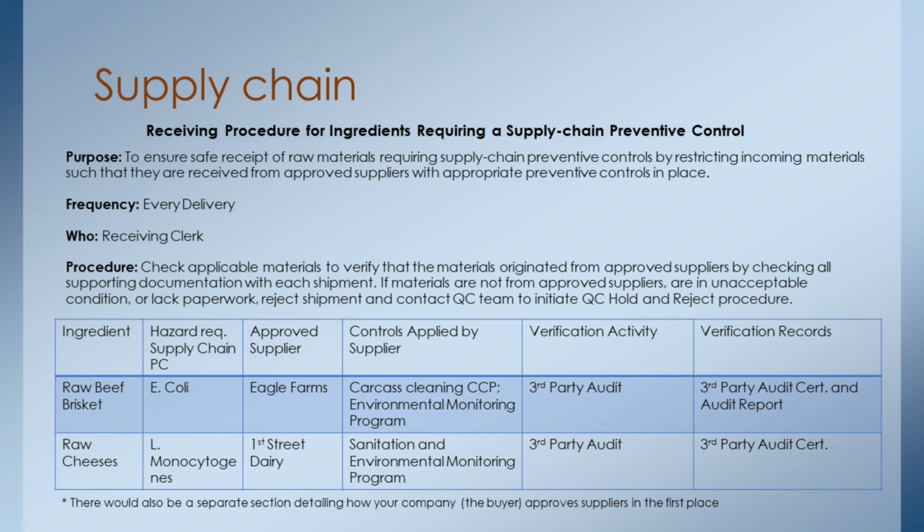So that raw meat plant should have a way to control for E. coli, whether it's through environmental monitoring, which is one component of it. The other is actually getting that dirt or fecal matter or whatever else is contaminating that beef carcass off that beef carcass. And so it'll be pretty much the same thing.